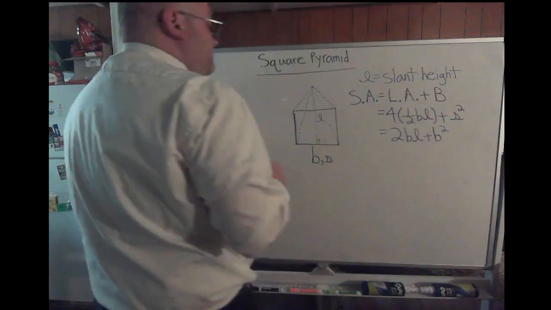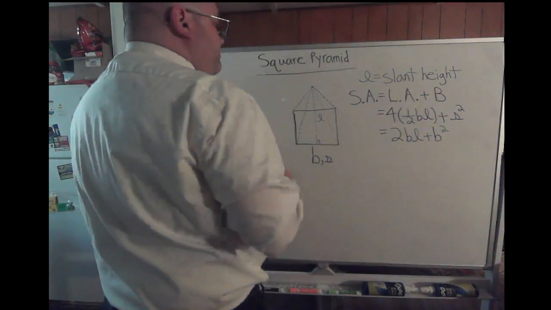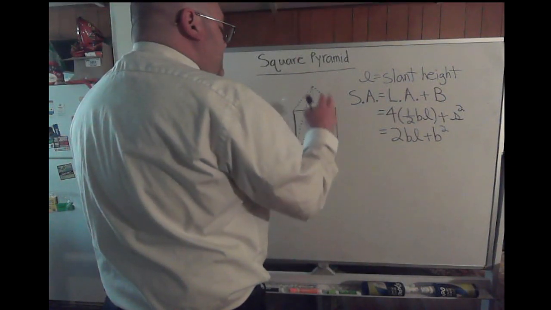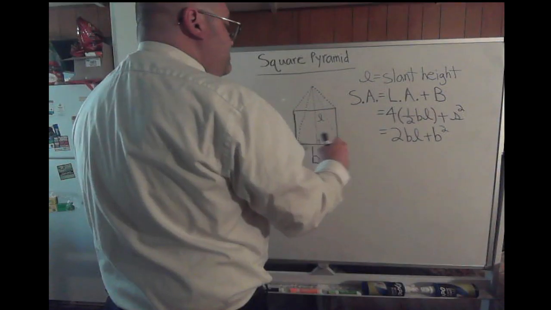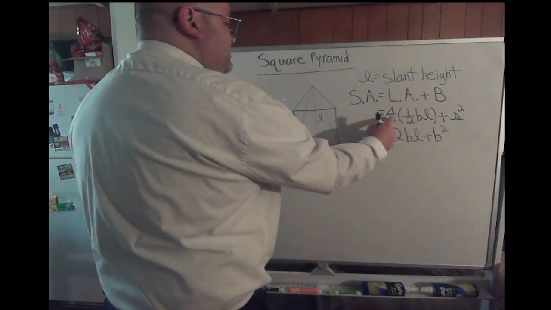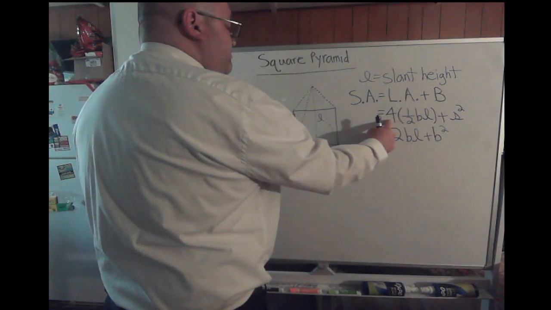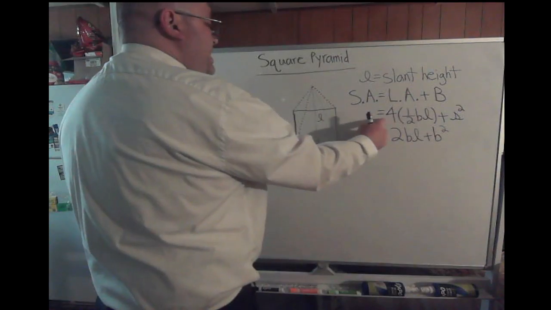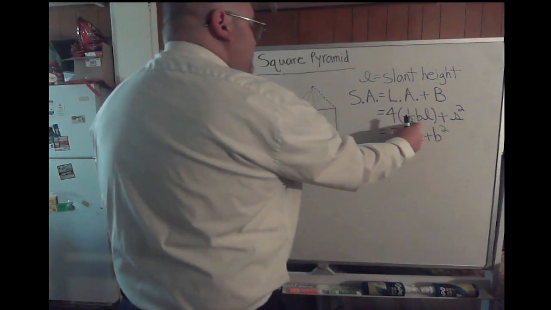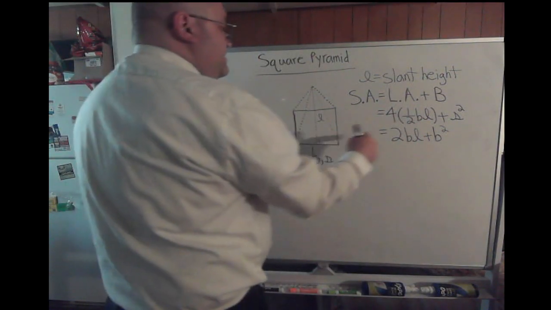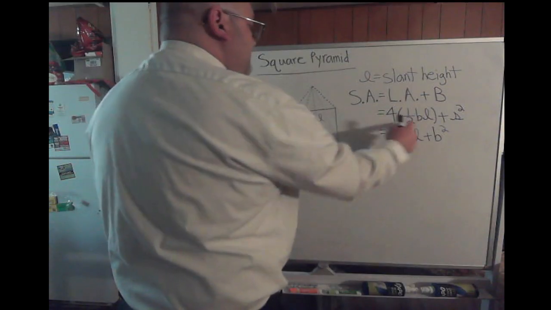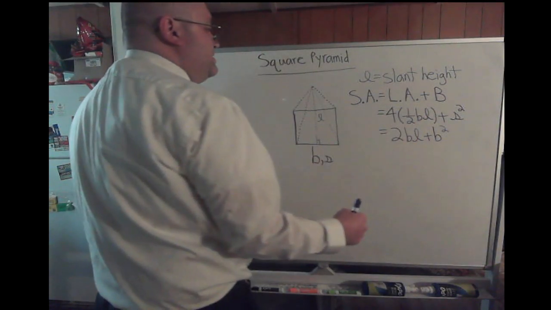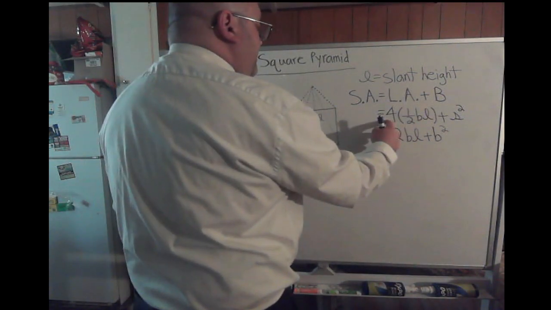When you take the lateral area of a pyramid, it's going to be the number of faces you have times the area of one of those faces. That's the lateral area.